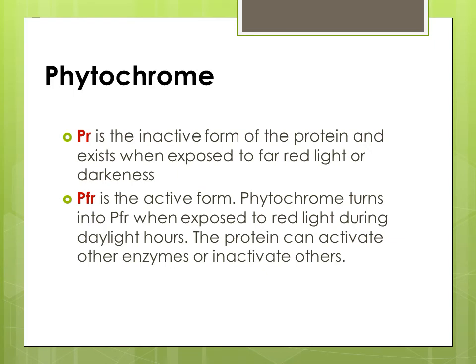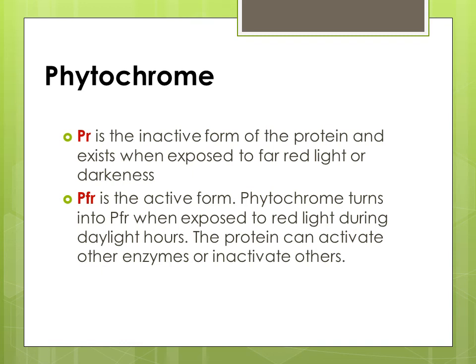So phytochrome red is the inactive form of this protein, and it exists when it's exposed to far red light, or basically dark conditions. So in dark conditions you only have far red light available, so that will cause this phytochrome to become P red.